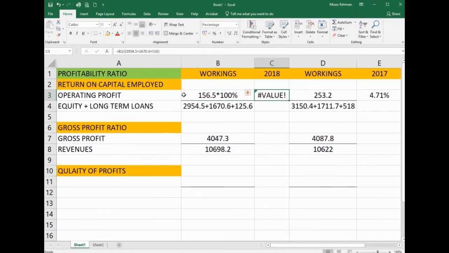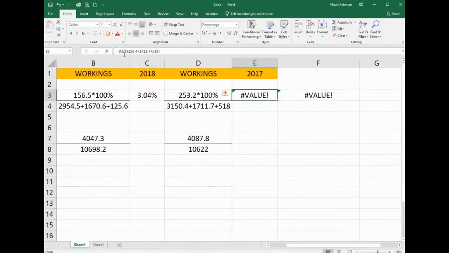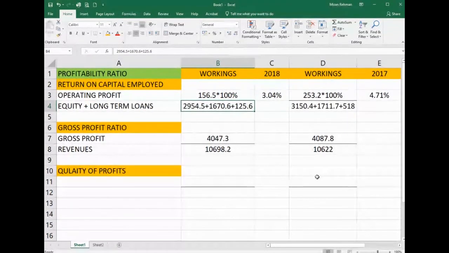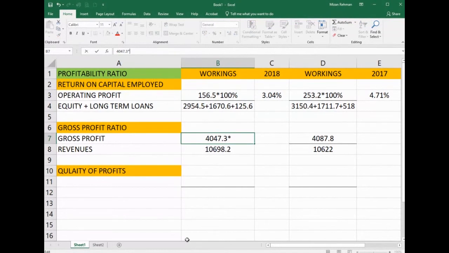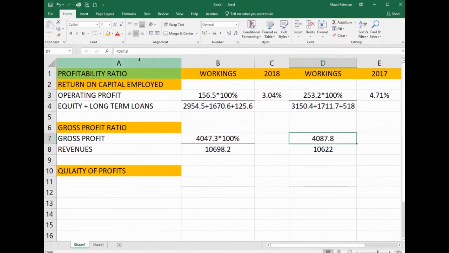The same needs to be done in the workings, multiplied by 100%, and 2.2. So I'll do the same here, times 100%, times 100%. Now I will solve it.